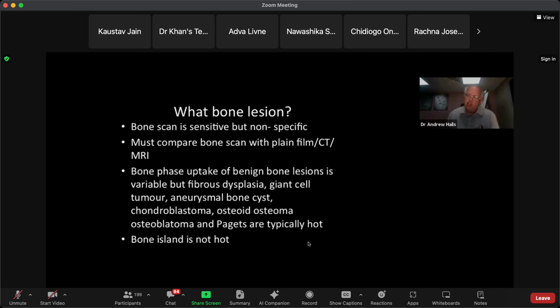So you can't look at something and say, oh, this is taking up MDP, therefore it must be something nasty. Also, you see osteoid osteoma, chondroblastoma. There's quite a lot of things which are typically hot, but a bone island is not hot. So if you see a little area of sclerosis in the bone and you do a bone scan and it's not hot, that's a very good indication that it's a bone island.